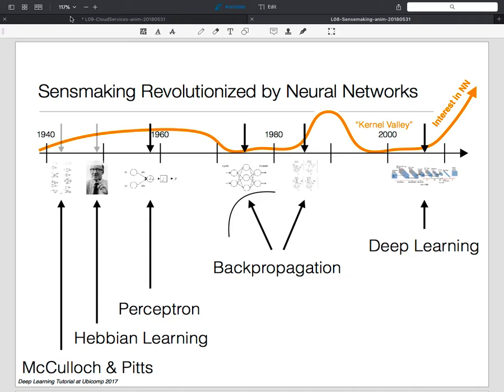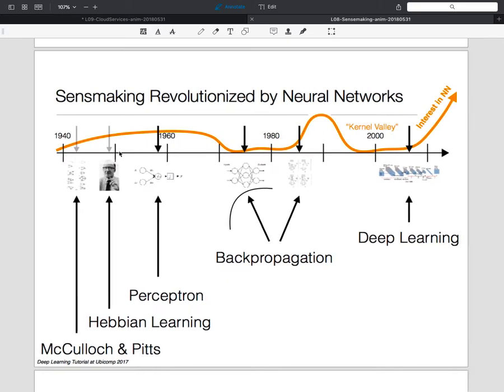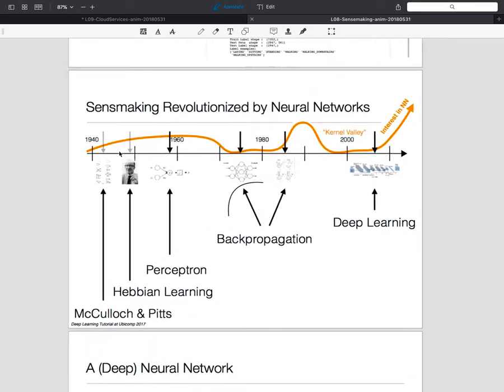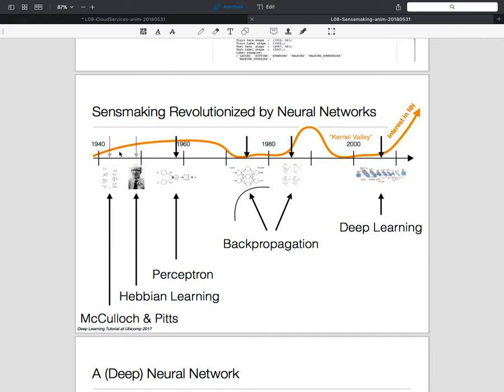But some of the key things that we rely on were actually invented or discovered long, long ago. So we are in a phase where neural networks suddenly have taken off quite a bit.